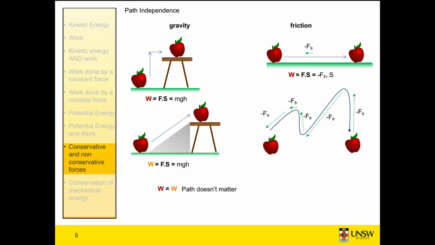So since the work done is equal to F dot S, in this case, for our total work done we need to sum each of these cases where friction is acting in a different direction. And from that, we see that the work done by friction depends on the path length. So the work done by friction depends on the distance the apple has travelled, rather than the displacement. So for friction, the path taken does matter. So we can say that conservative forces, like gravity, have path independence, and non-conservative forces do not.